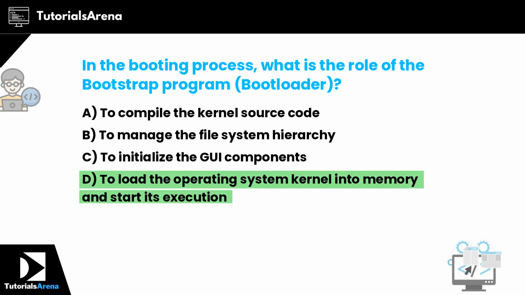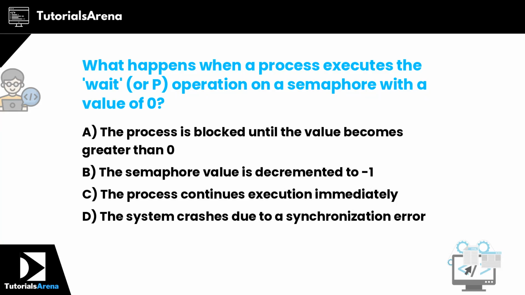The correct answer is option D, to load the operating system kernel into memory and start its execution. What happens when a process executes the wait, or P, operation on a semaphore with a value of 0? The correct answer is option A. The process is blocked until the value becomes greater than 0.